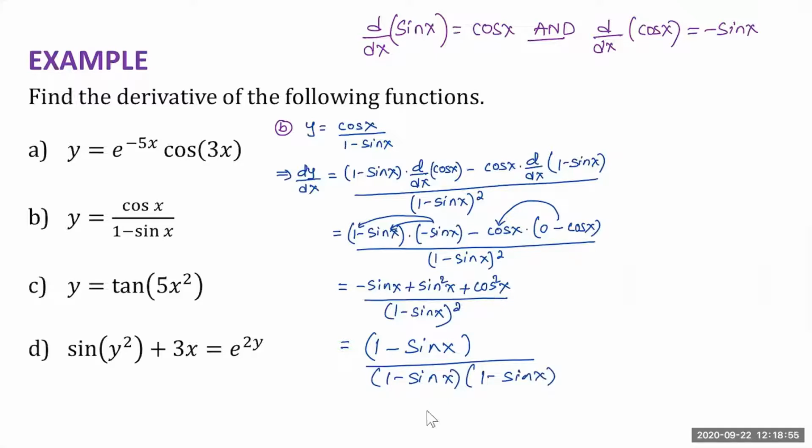So by writing it like this, you can see that I can divide 1 minus sine x over 1 minus sine x, and that will be 1. So my result is 1 in the numerator and 1 minus sine x in the denominator. So 1 over 1 minus sine x is the derivative of the function y equal to cosine x over 1 minus sine x.